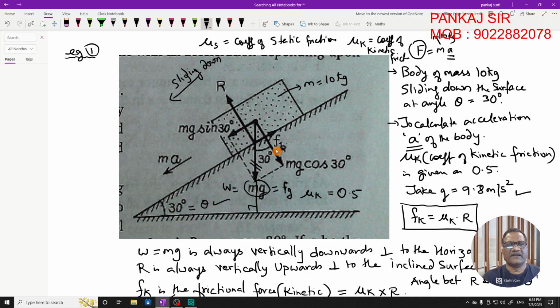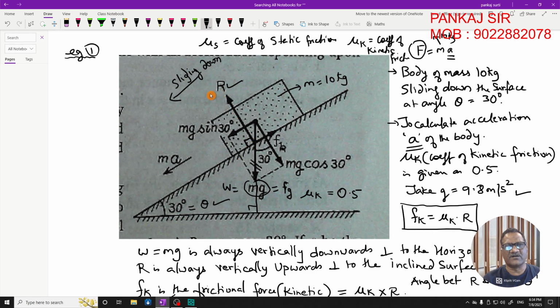Now the normal reaction, this force is always acting perpendicular to the inclined surface. Can you see this is perpendicular to the inclined surface? This reaction force is perpendicular to the inclined surface and it is going outward, away from the inclined surface, right?